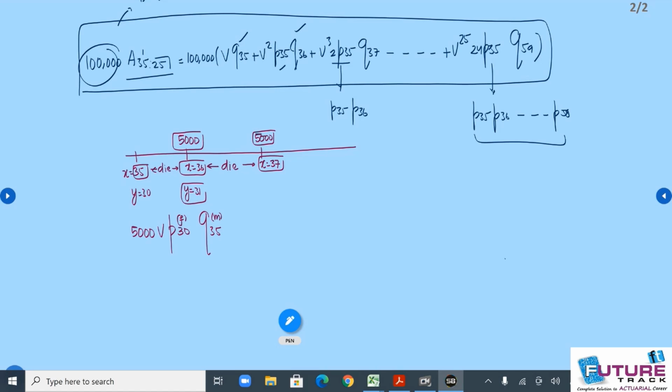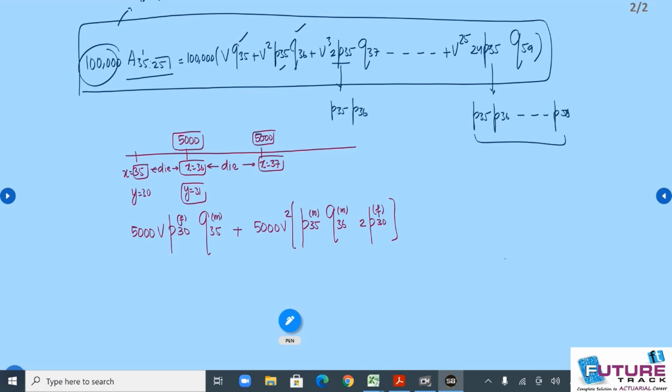So class, plus what? 5,000 v squared. That means in the first year the male is alive, p35 male, and dies between 36 to 37. And for the next 2 years, the female must be alive.